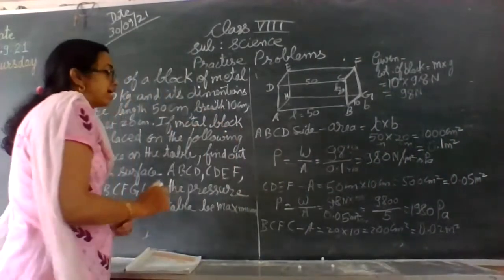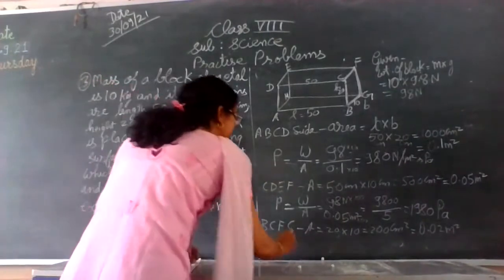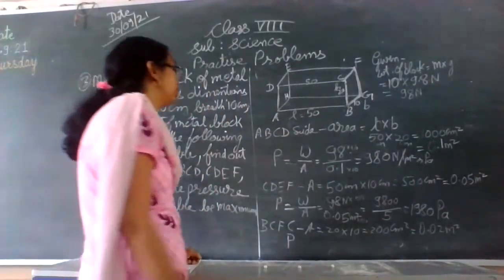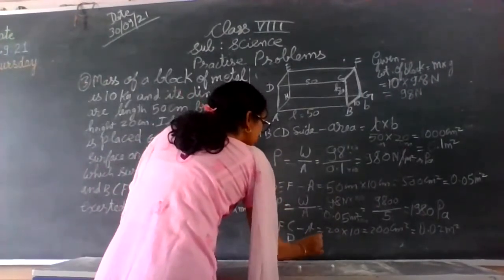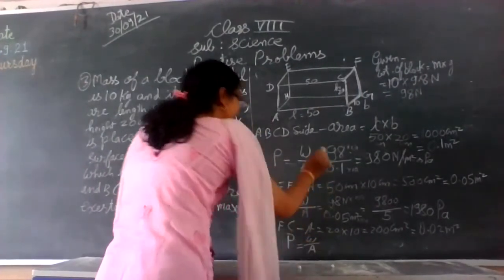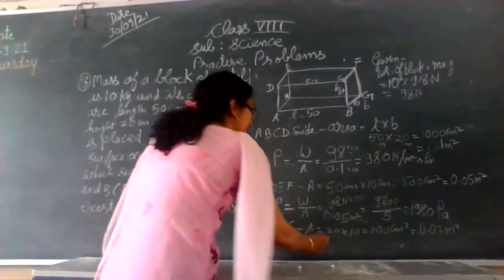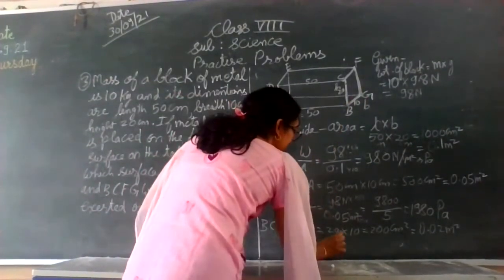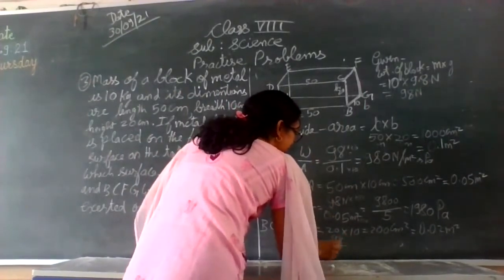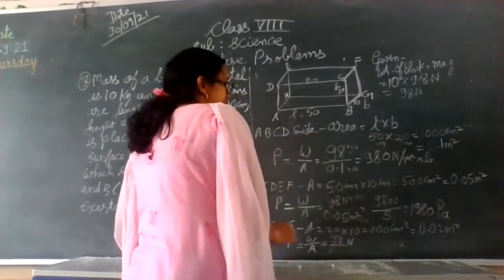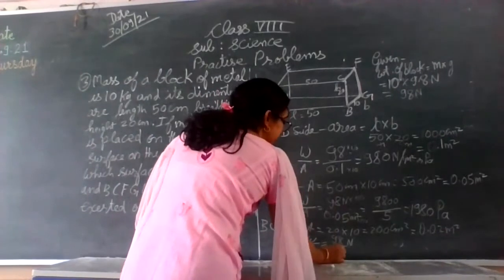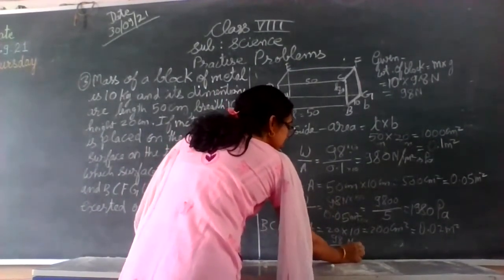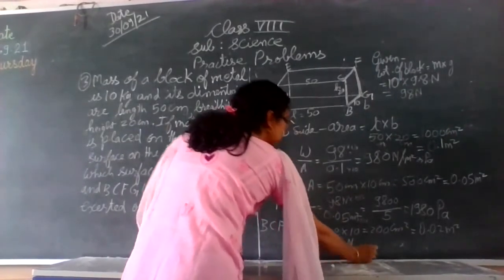Again, when we are going to find out the pressure for this side, pressure for this side will be weight divided by area. That will come up to, weight will remain the same, that is your 98 Newton divided by 0.02 meter square.